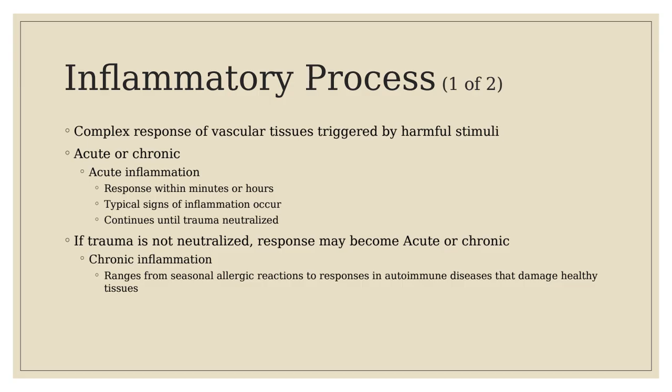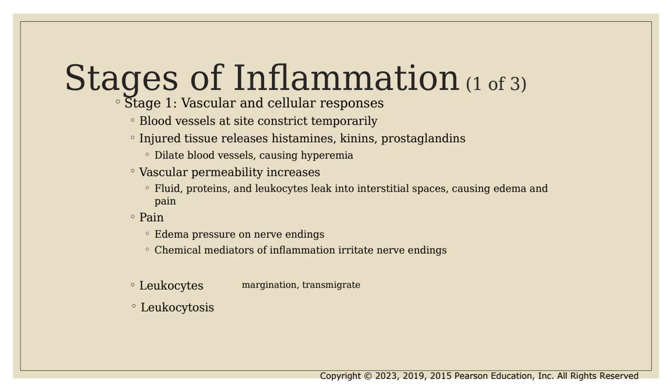All right. So we talked about acute and chronic. I think acute is an exacerbation, typically resolves in less than 3 months or sooner. Chronic is long lasting, typically greater than 6 months. I'm not getting into stages of inflammation. I'm not testing you on it. But I do want you to see here where you see leukocytes and leukocytosis.